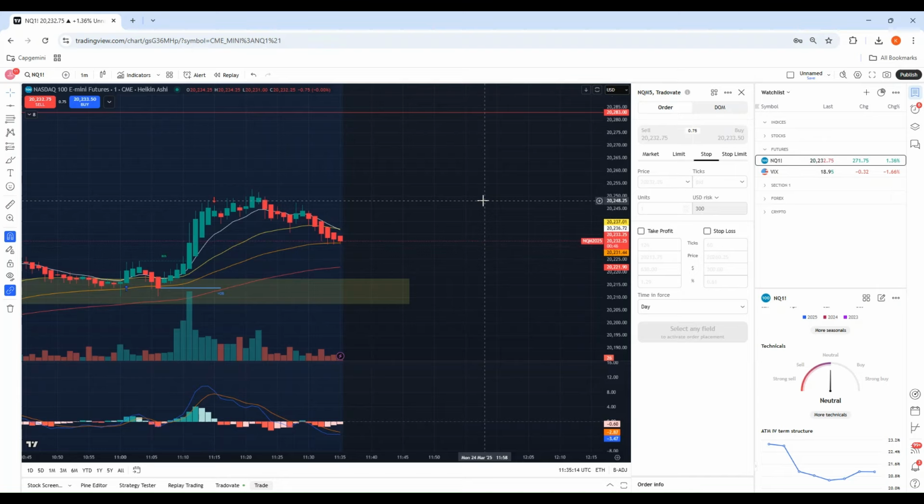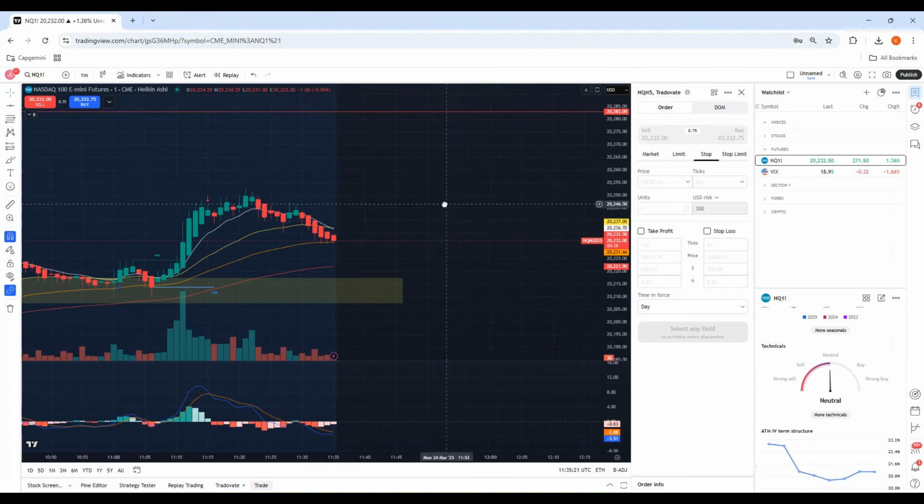Yeah, there's a bit of resistance on the 50 EMA, so we could potentially come back to our 9 and go further up, but also the market does what it wants, so it could come down further to our order block here.